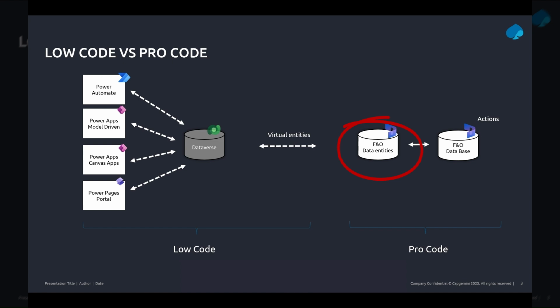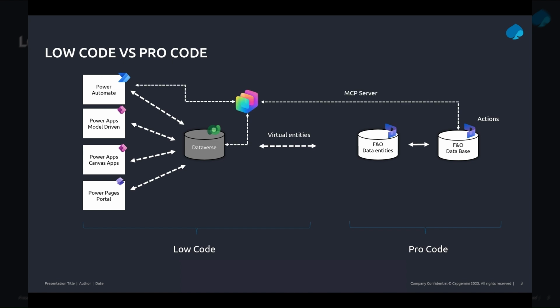And there's also hundreds of actions within F&O, which you can't access directly in the data entities without writing pro code. Of course, you can build out data entities with pro code, and you can add batch jobs that trigger some things from the data entities with pro code. But if you want to do this 100% low code, like myself, coming from the low code side, you kind of get a bit stuck with that.